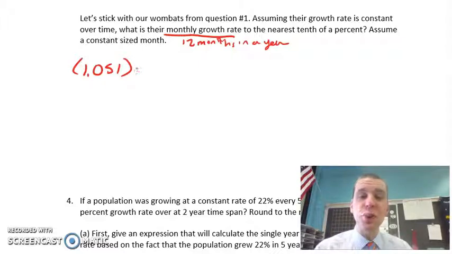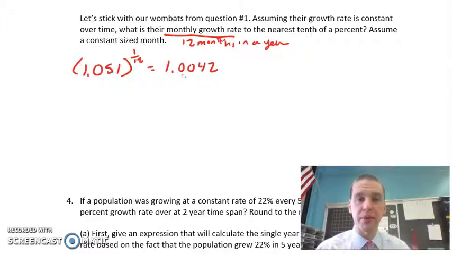Is the monthly rate going to be smaller or bigger than the yearly rate? Well, we hope it's smaller because there are 12 months in the year, and so you're looking at a smaller growth portion. We're going to raise it to the 1/12 due to the fact that there are 12 months in the year.